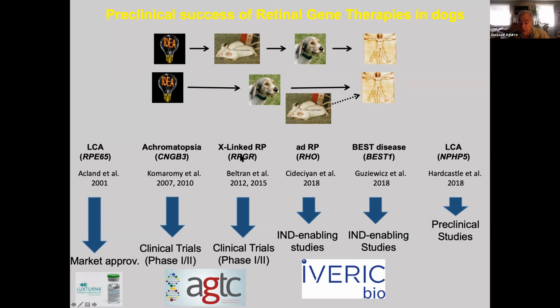Subsequently, with X-linked RP, the RPGR gene, we showed in 2012 that you could treat the disease, either preventing it from developing or arresting its progression. And later on, we showed that you could treat at a very advanced stage of disease. That too is in phase 1/2 clinical trials by different groups.